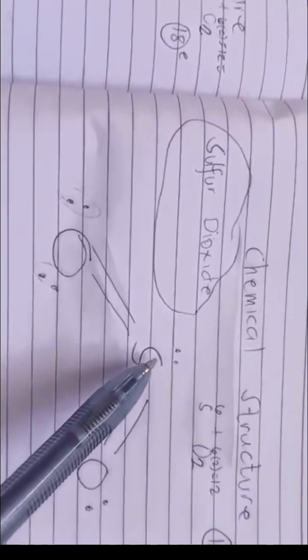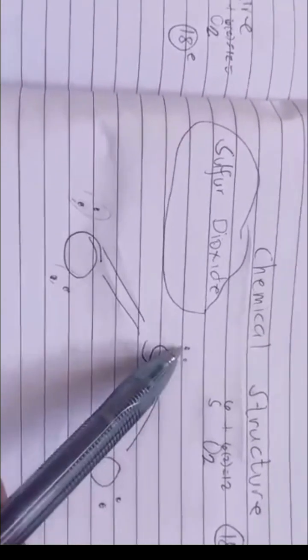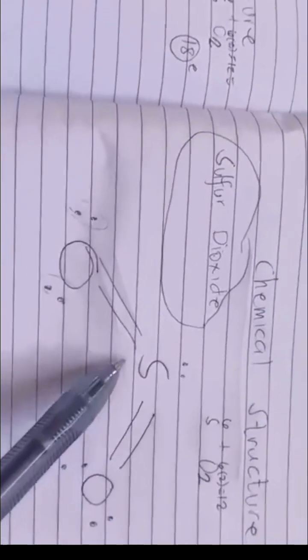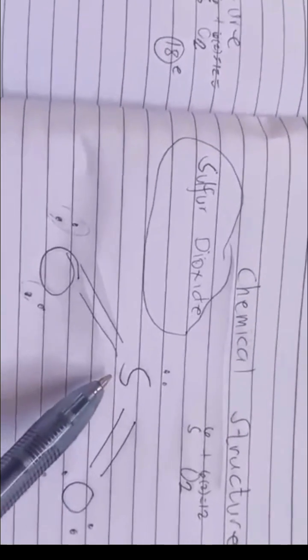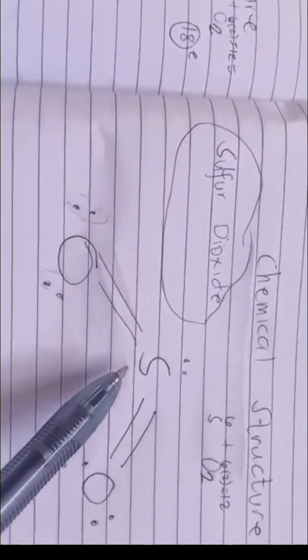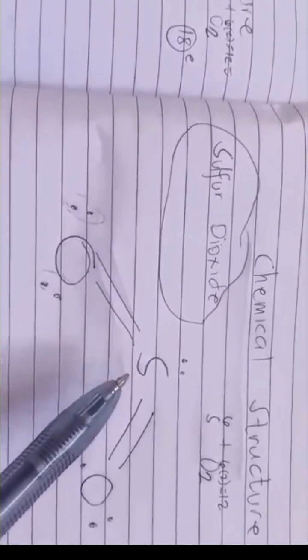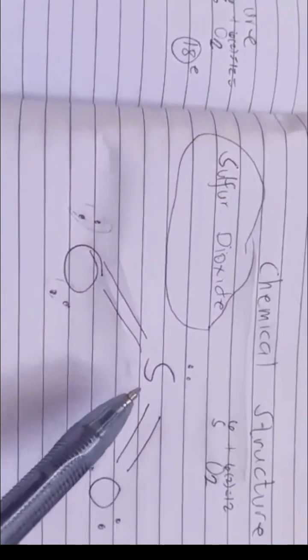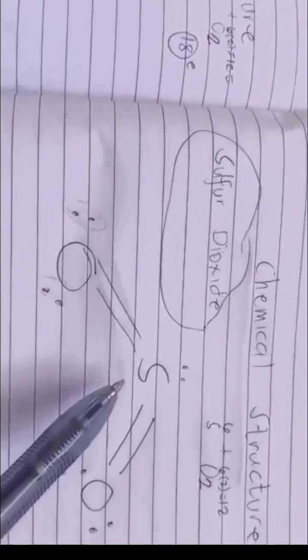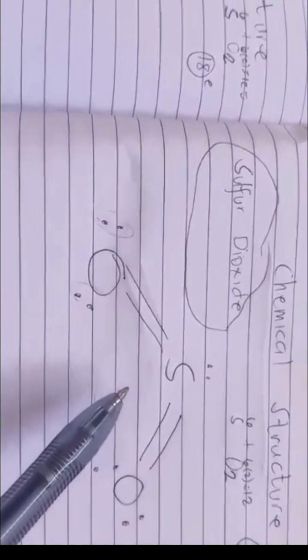And the last one is the element sulfur, 2, 4, 6, 8, 10. As you can see, it did not follow the octet rule, and the only plausible explanation for that is that sulfur could hold more than 8 valence electrons, and so it does not necessarily need to follow the octet rule. So that's it.